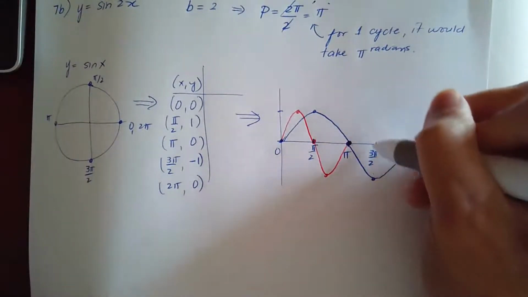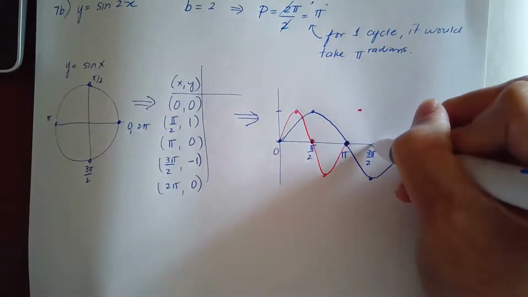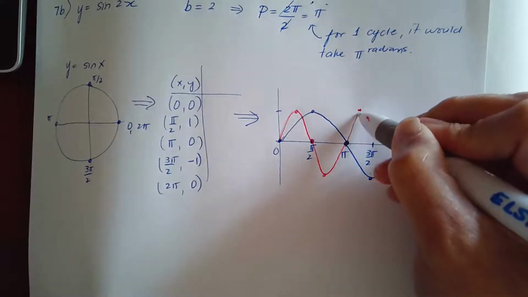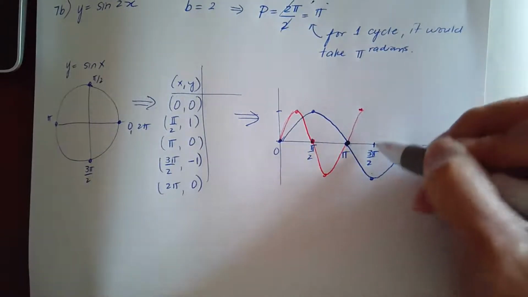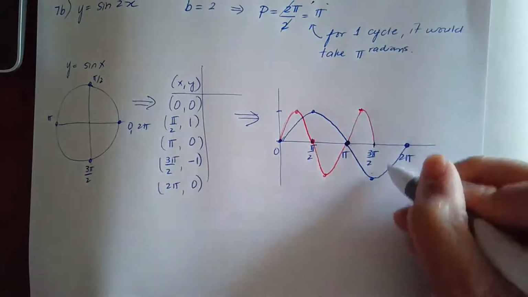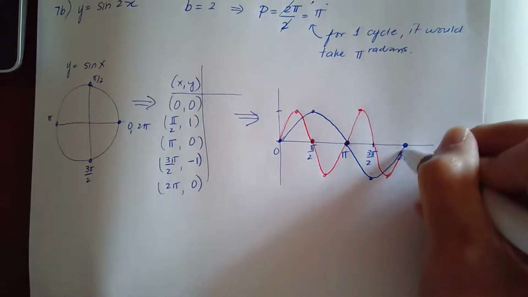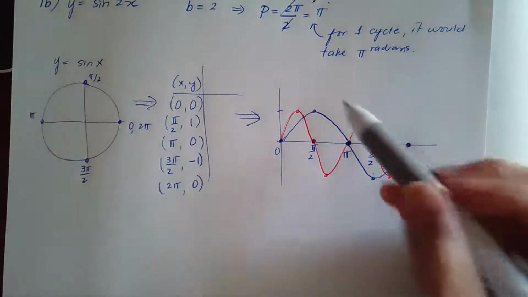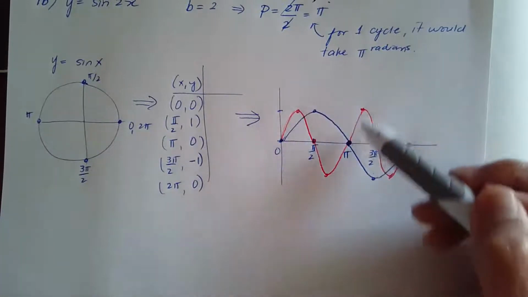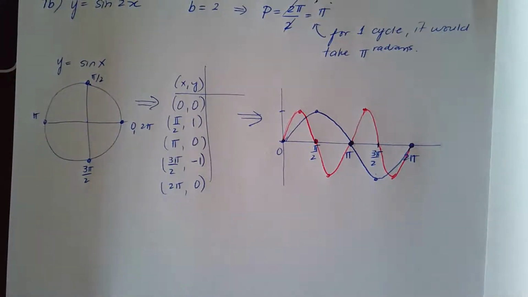If you want to do a complete thing, this will repeat itself here, and this one will complete there, and this one right there and this one right there. So now in the span of 2 pi, you can actually fit 2 waves. That's one way of looking at it.